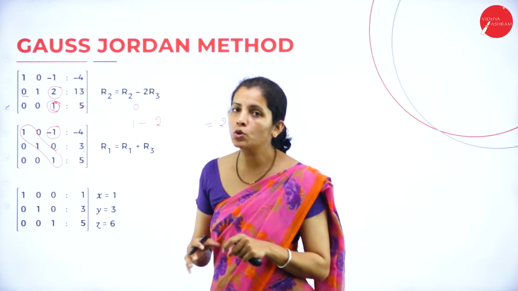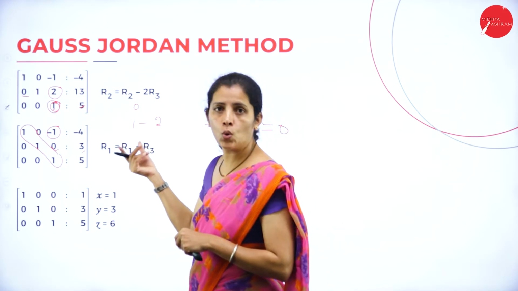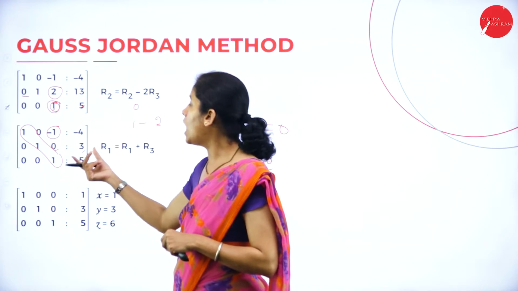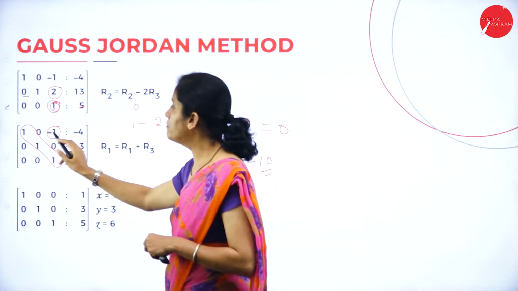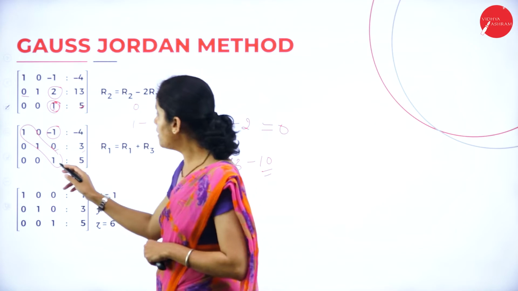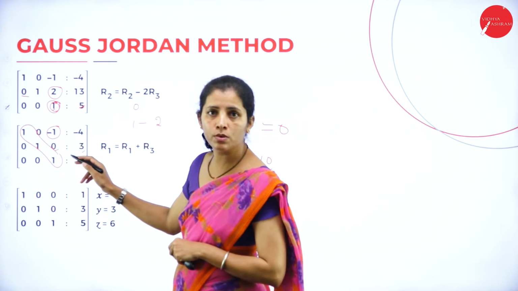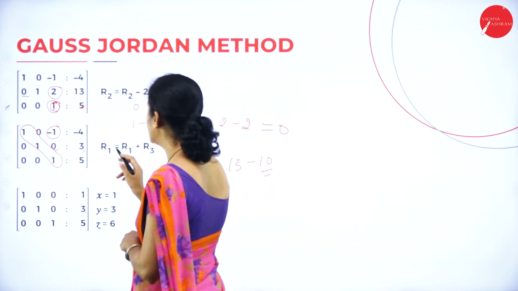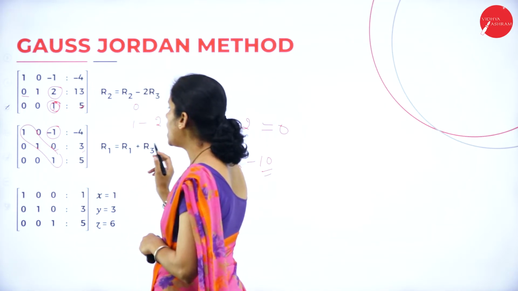But I don't want to change R2 row values. So I'm going to consider R3. Here I have minus 1 and here I have plus 1. So minus 1 plus 1 is 0. So here I will write the formula R1 equal to R1 plus R3.